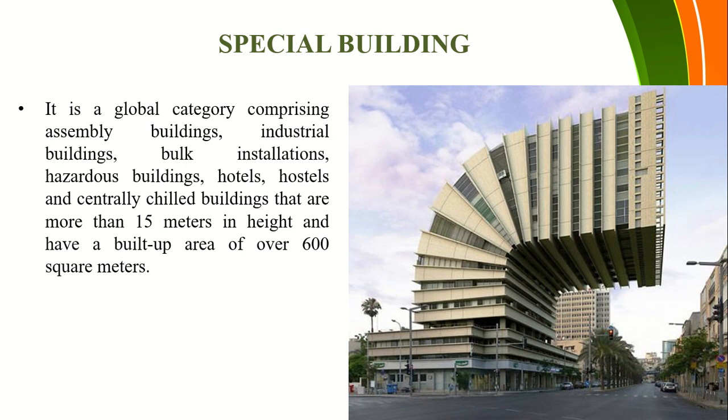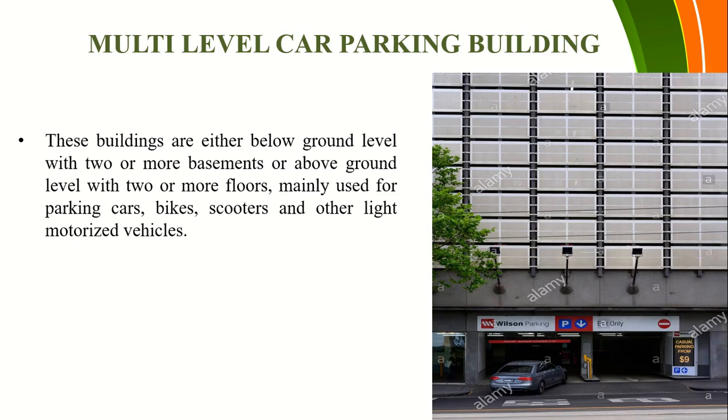Means all the special kind of buildings which are more than 15 meters in height. This is what we need to remember. And also they have a built up area of more than 600 square meters. This is what we need to remember about the special buildings.